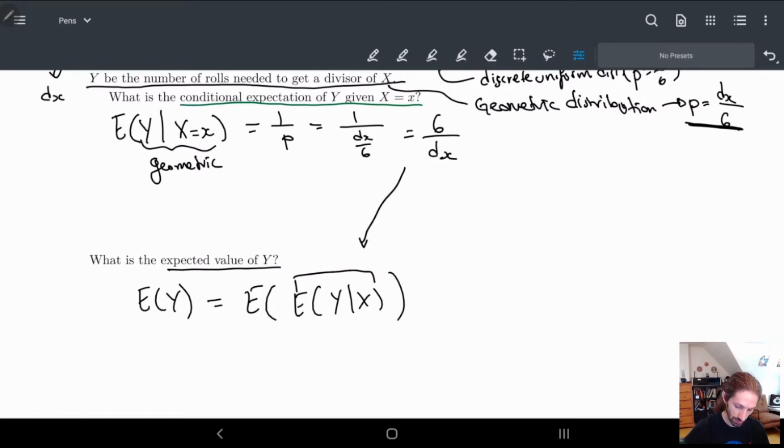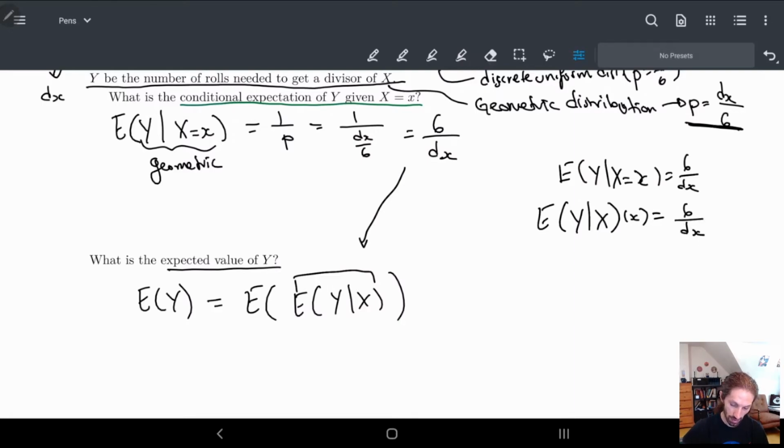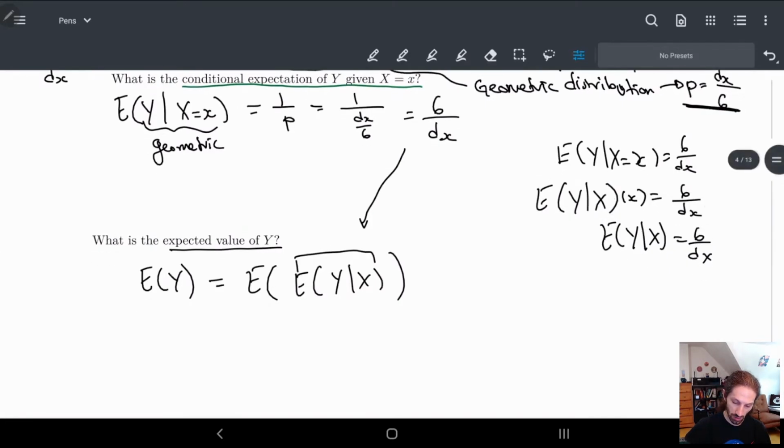The idea is that if E of y given x equals x is equal to 6 over d of x, then the function E of y given x is equal to 6 over d of x. In other words, it can be represented as this random variable. So this is just looking at functions.